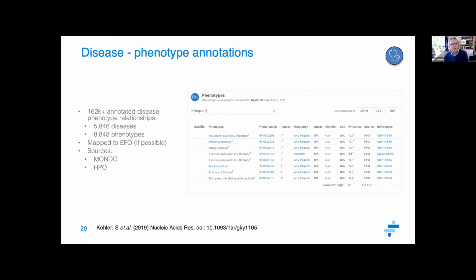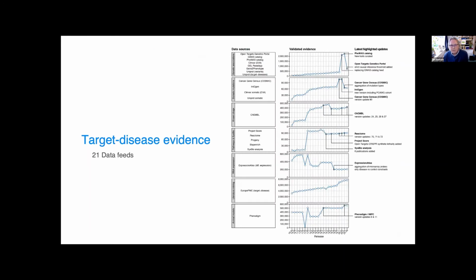And every time we do this, we chart how the target disease landscape across our different data sources changes. And so we generate these kinds of plots for each of the different data sources. And you can see that there are events that occur where we might expand the number of data.